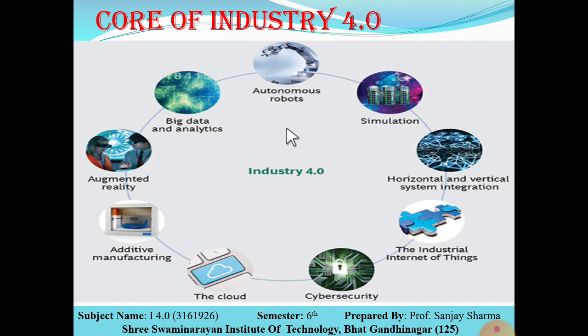What are those? Autonomous robots, simulations, horizontal and vertical system integration, the industrial Internet of Things, cyber security, the cloud, additive manufacturing, augmented reality, big data and analysis. So let us see all the parameters one by one.